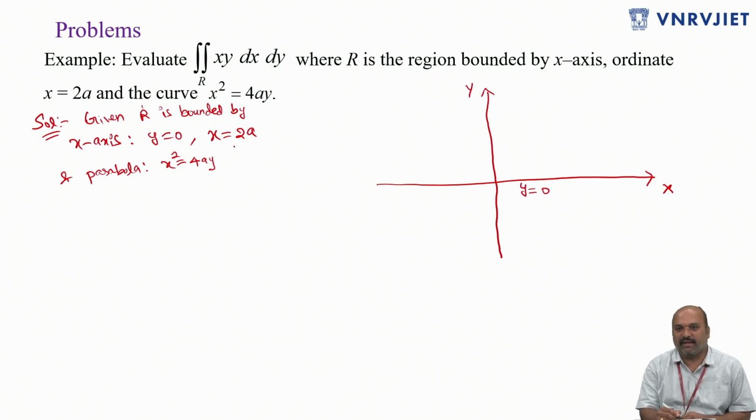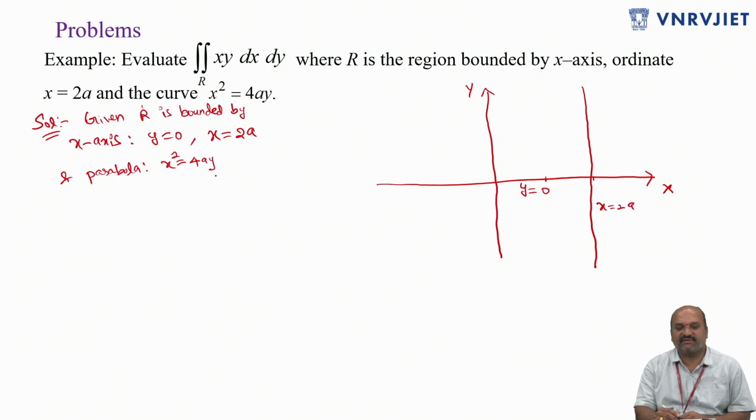X equals 2a: x equals constant is a straight line which is parallel to the y-axis. So let us consider somewhere here it is a and somewhere here it is say 2a. So I am drawing a line x equals 2a. This is the line x equals 2a.